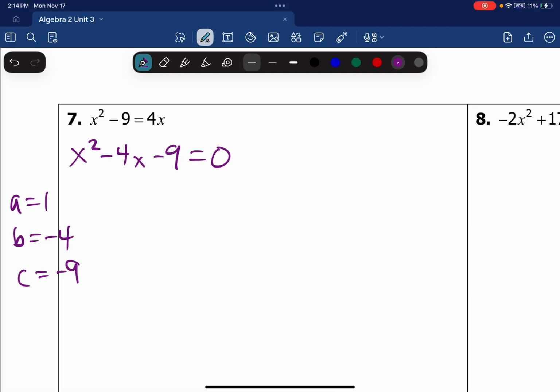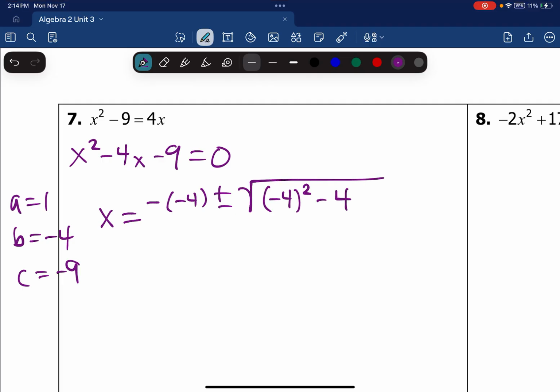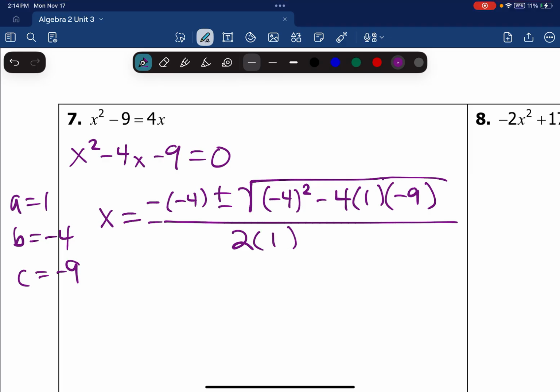So plugging into the quadratic formula, x equals -b plus or minus the square root of b squared minus 4 times a times c, all over 2 times a.